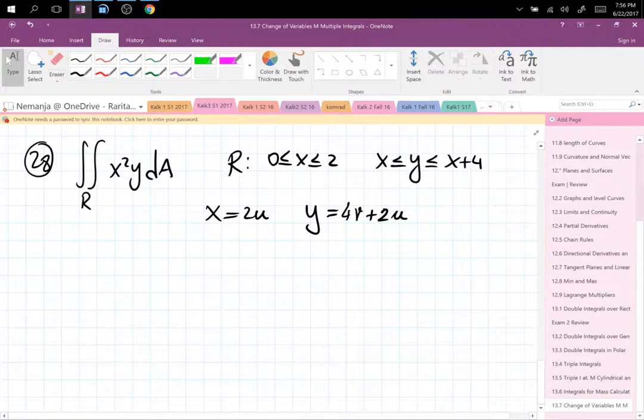So the first order of business is to draw region R. Without that, technically we're dead in the water. So I have y equals x and y equals x plus 4.